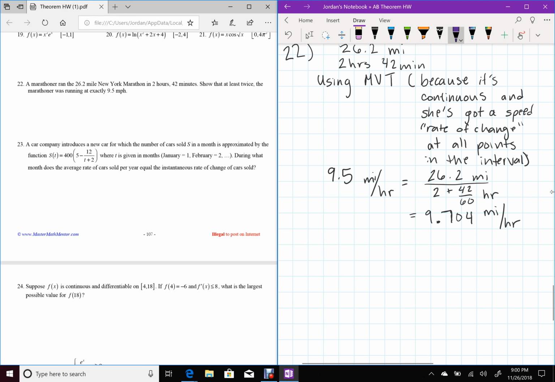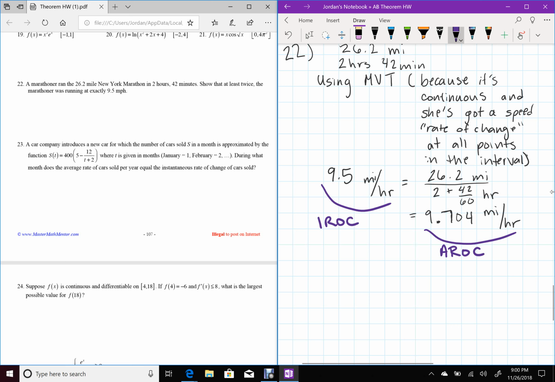And the difference is that this is the IROC, instantaneous rate of change, and this was her AROC, meaning if she ran non-stop, she would have had to have run at 9.704 miles per hour.